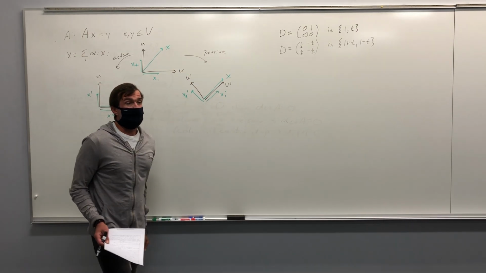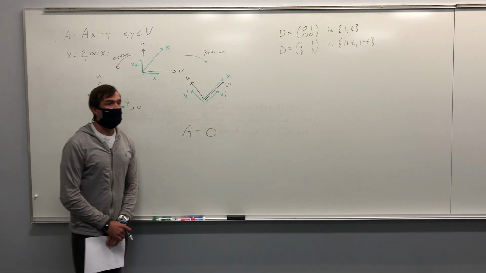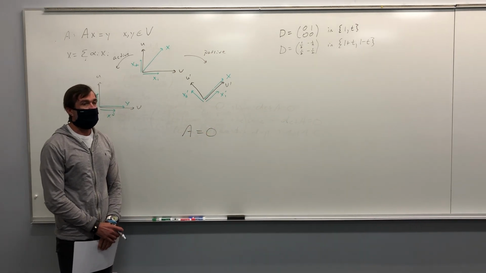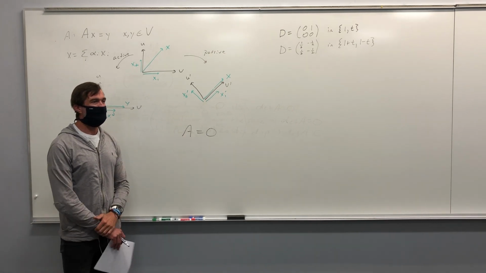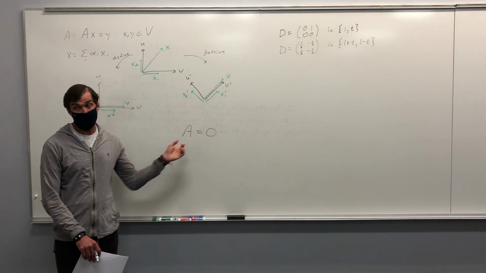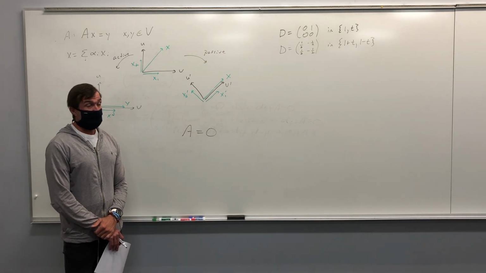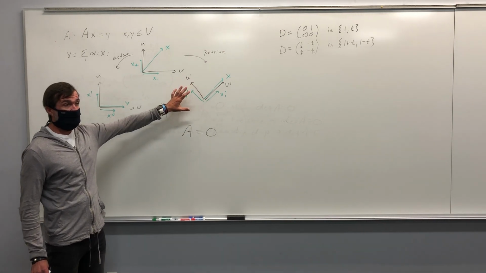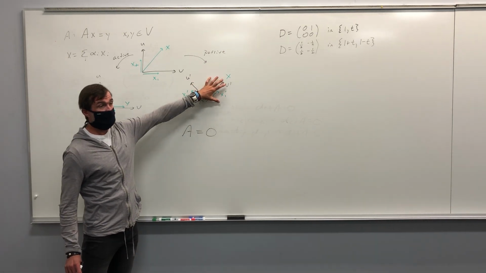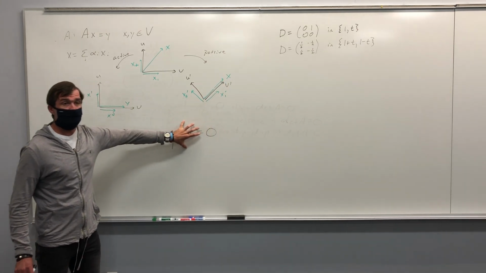For example, here's a linear operator. Can you take all the vectors in the space and do a basis change and get that for all the vectors in the space? No, but that's what A is going to do to all the vectors in the space. It's going to turn them into 0. It turns out that rotations are a very special subset of linear transformations that can be reflected in a coordinate basis change, but most generally linear transformations can't.